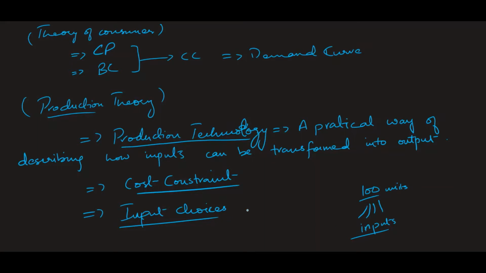This is the input choice which the producer will be making, and we will see how he makes it. But first we have to discuss two things here, and we are starting our discussion from the model of one input.